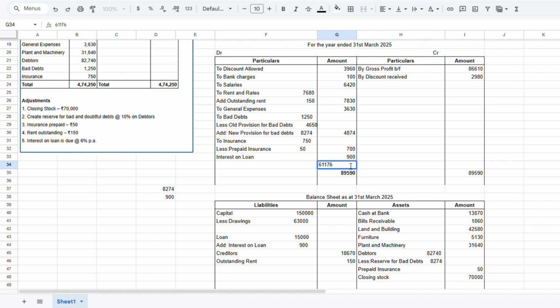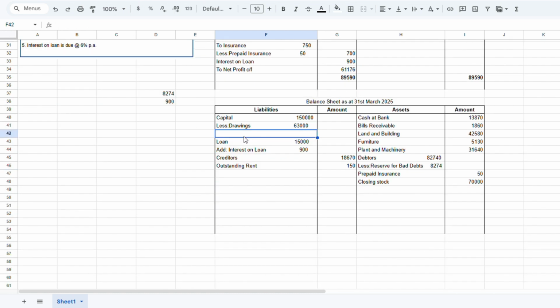61,176 to net profit. Net profit, we will add it to capital.